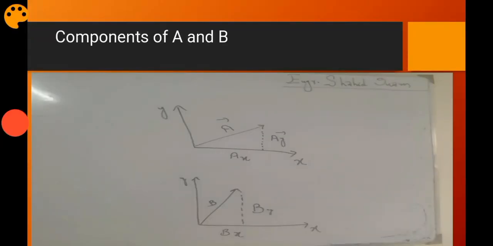I'm making this triangle in order to find the ax, the ay, and apply the Pythagoras theorem. Similarly, for the vector B, we have the projection of this vector B on x-axis, that is bx, and its projection on y-axis, that is by.